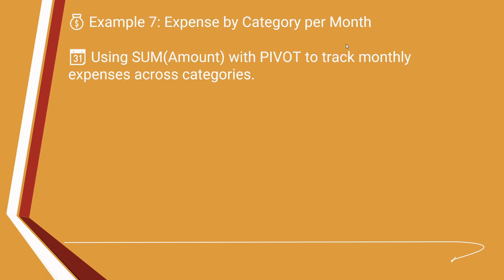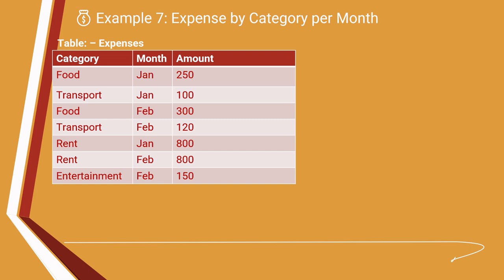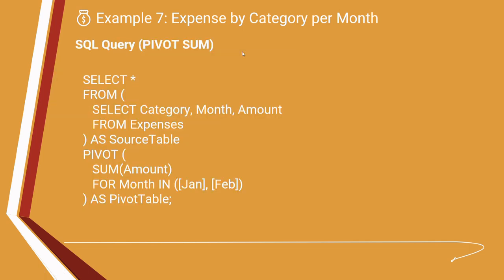Let us break down expenses by category and month using SQL pivot with the sum function. Here is our data. Each row represents an expense entry with a category, month, and amount spent. This SQL query pivots the month column and sums the amount per category for each column.